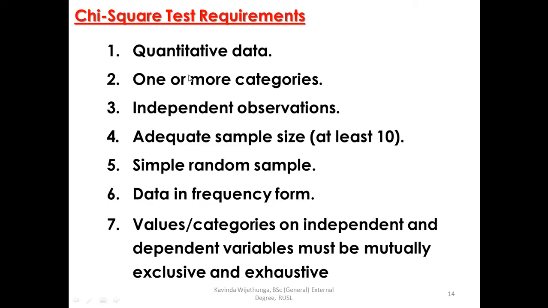Then one or more categories, independent observations, adequate sample size of at least 10, simple random sample, data in frequency form, and finally, the categories on the independent and dependent variables must be mutually exclusive and exhaustive.